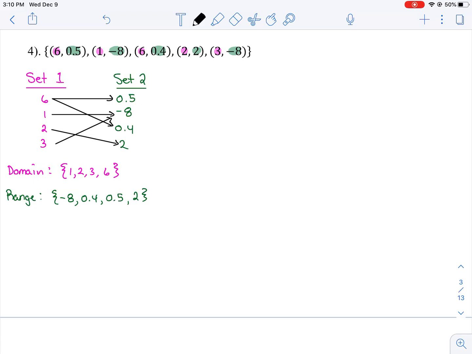And then you have to ask yourself, does each element in the domain correspond to only one element in the range? And the answer to that question this time is no. And that's because 6 has 2 range values, 0.5 and 0.4. So in this case, we can conclude that this relation is not a function.